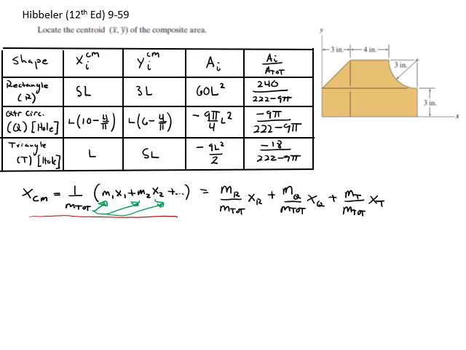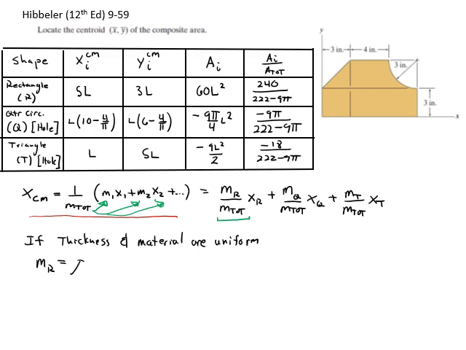Now, what is this? The mass of the rectangle divided by the total mass. Remember that if the thickness and material are uniform, so they're all made from the same material, how would I get the mass, say, of the rectangle?